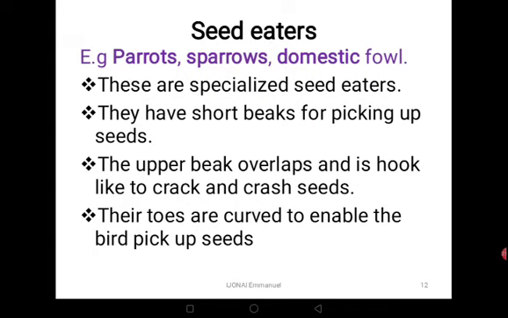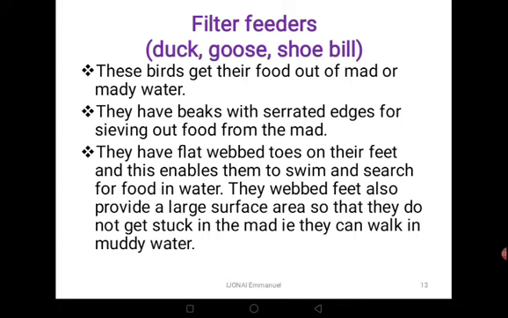I want you to remember the examples and also the adaptation they have in terms of their beaks and their toes. Then we have filter feeders. When we talk about filter feeders, we're talking about those that obtain food from water. They obtain particles from water. The ducks, the goose, the shorebill, and the rest. These birds get their food out of the mud or muddy water.